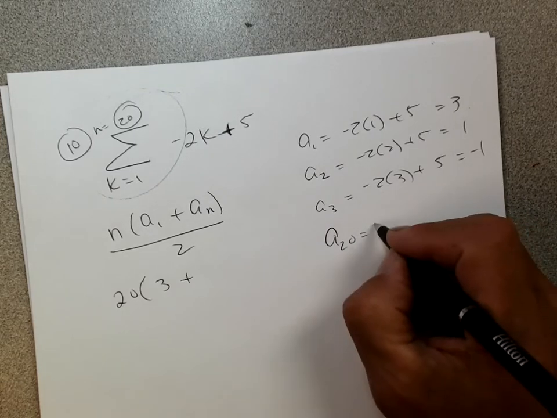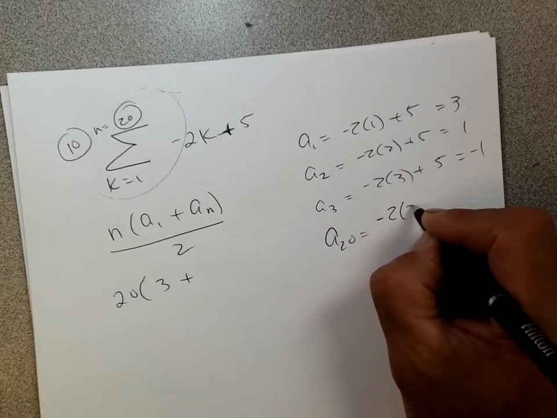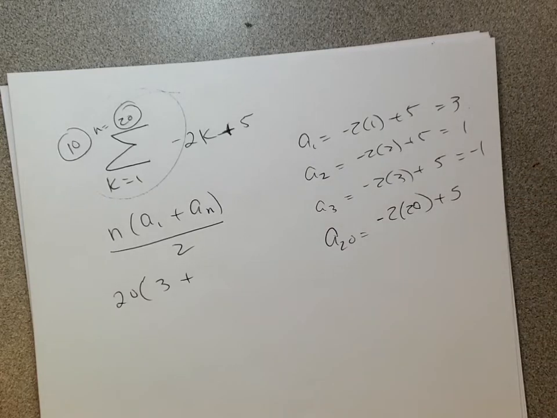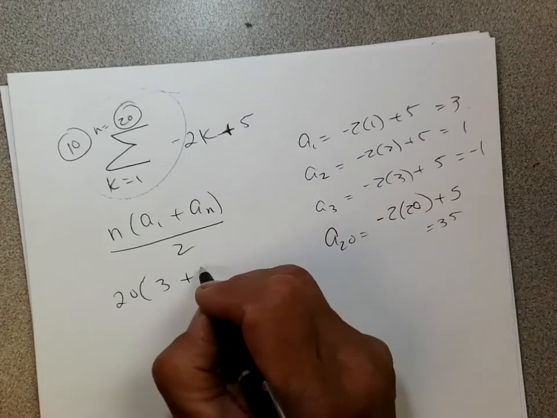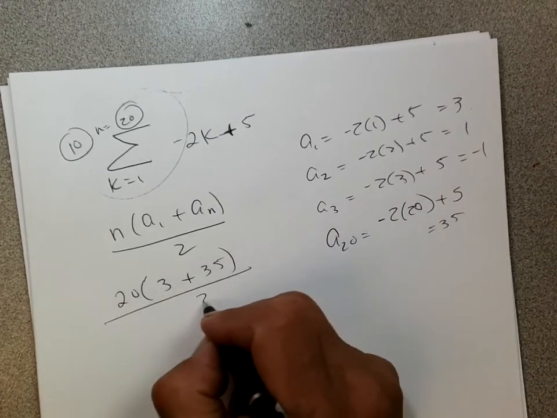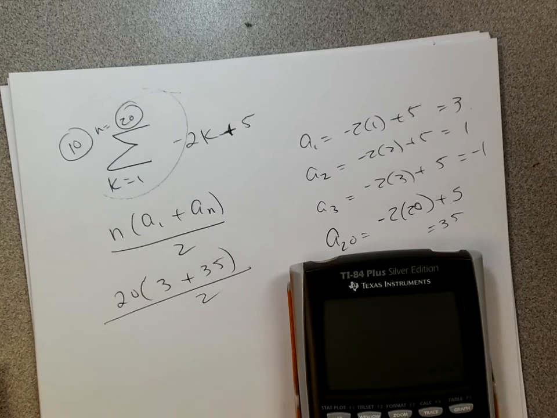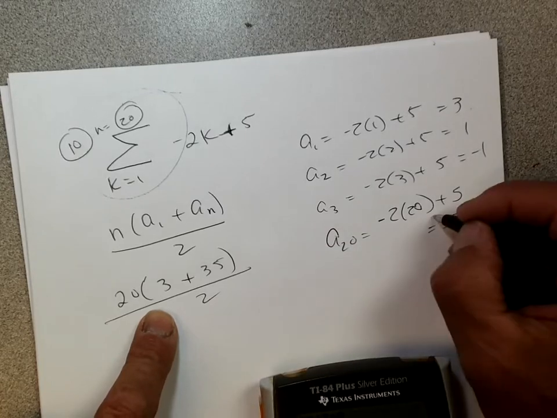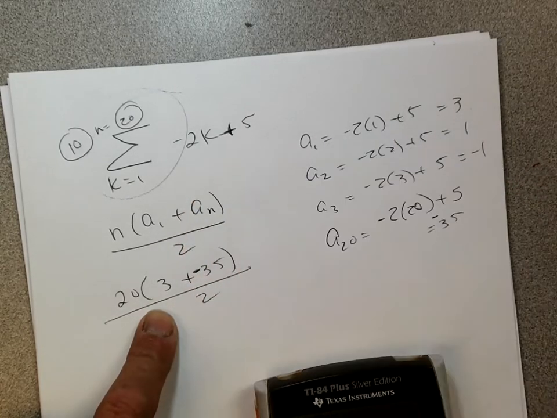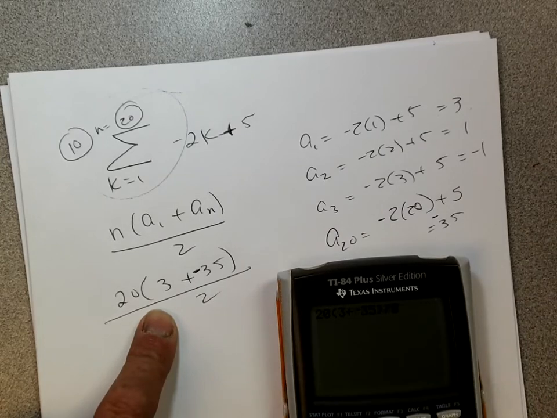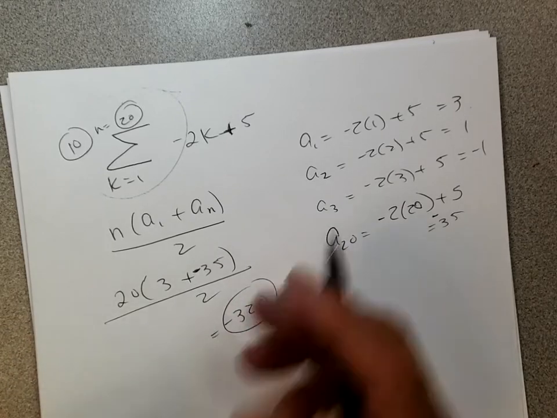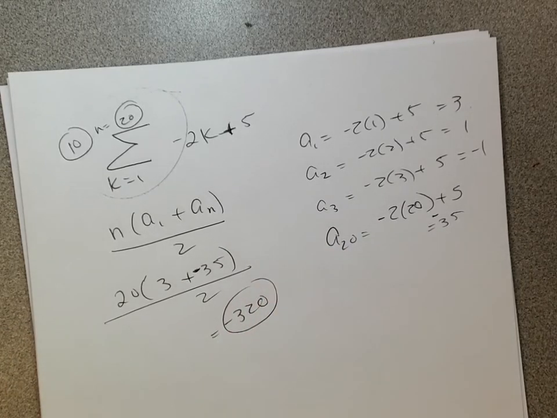A of 20 is negative 2 times 20 plus 5, and using my calculator, that's negative 35. And I get an answer of negative 320. Or you just make all the terms and add them up, but that'd be a real drag, right?